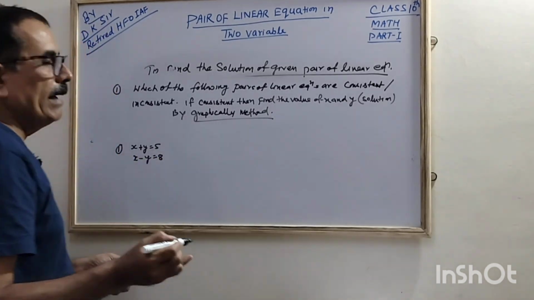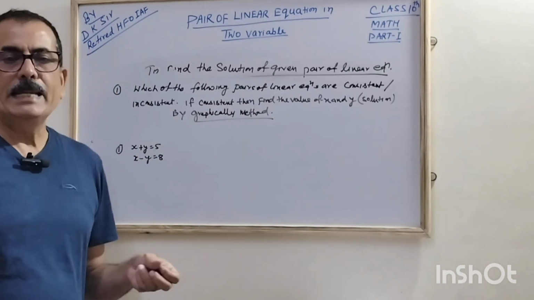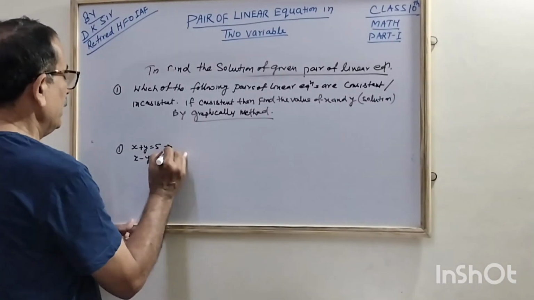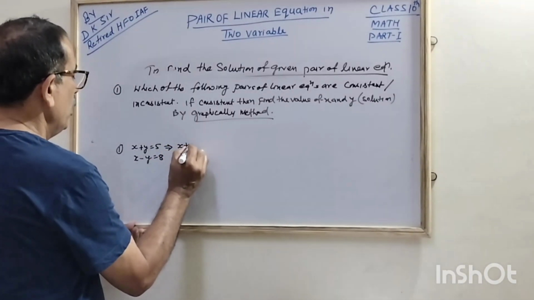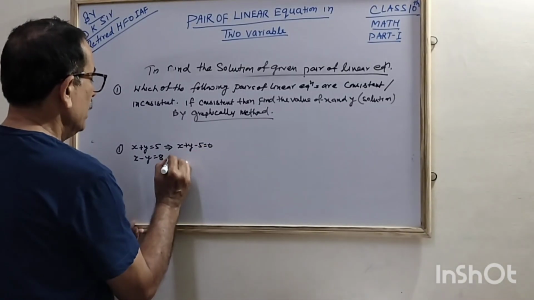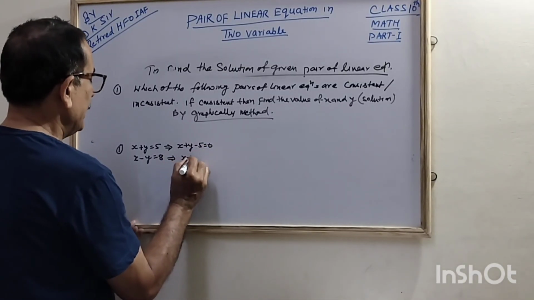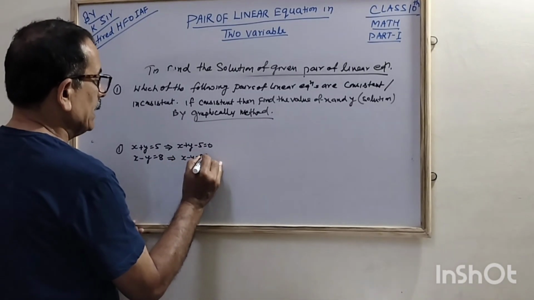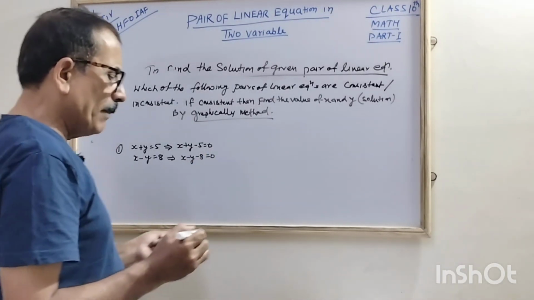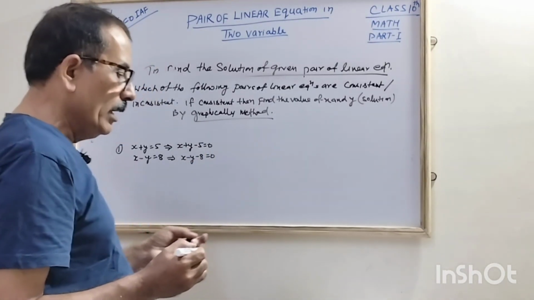We should have the healthy practice of making it into the standard format. Write it: x plus y minus 5 is equal to 0. This becomes x minus y minus 8 is equal to 0. You can also do it without changing.